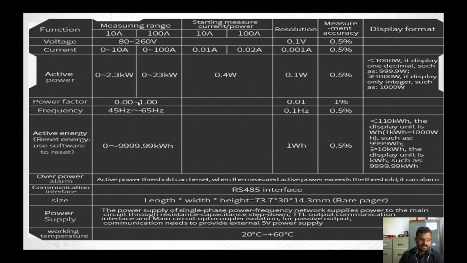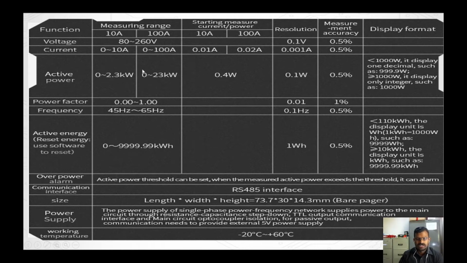Power factor is 0 to 1. Frequency it can measure from 45 Hz to 65 Hz, and the energy 0 to 9999.99 kilowatt hour. So this is the range it can measure.